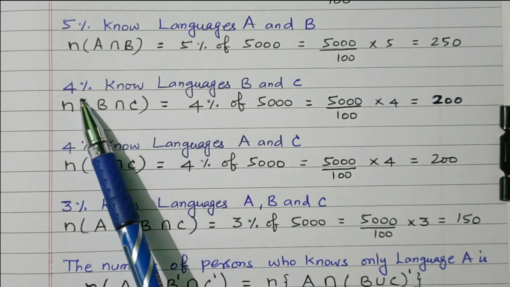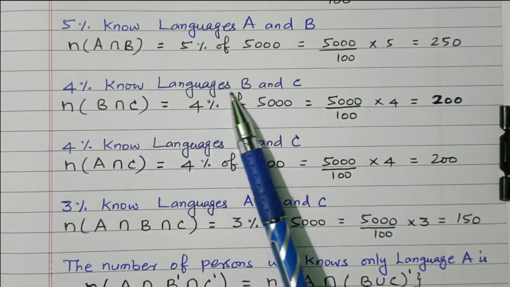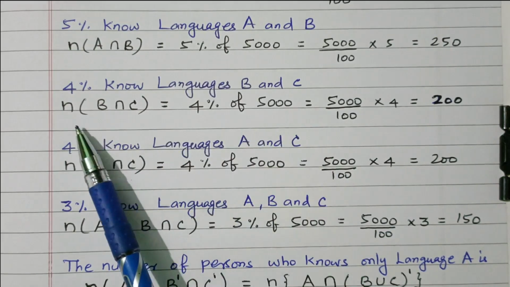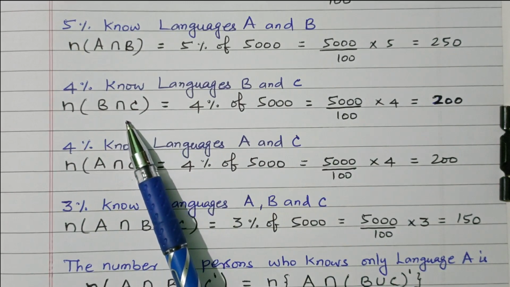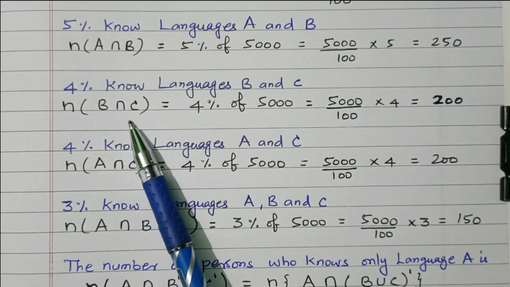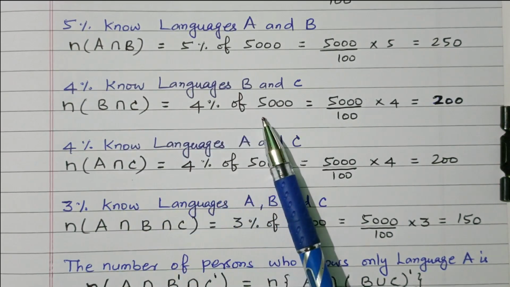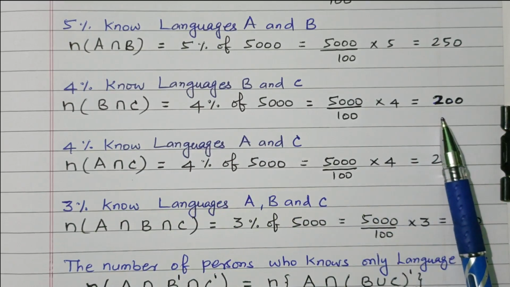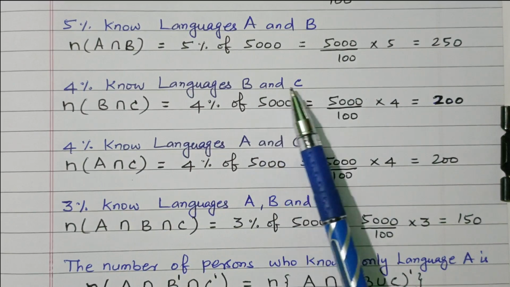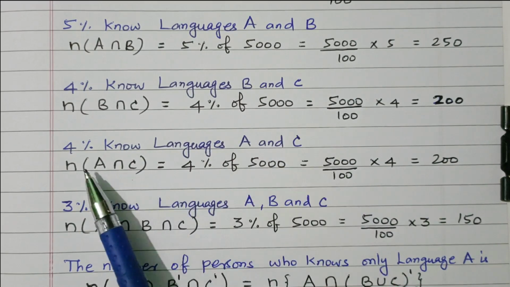Then 4% knows language B and C, that is n of B intersection C. That persons knows language B as well as C. So 4% of 5,000, 5,000 by 100 into 4, it is 200. 200 persons knows language B and C.